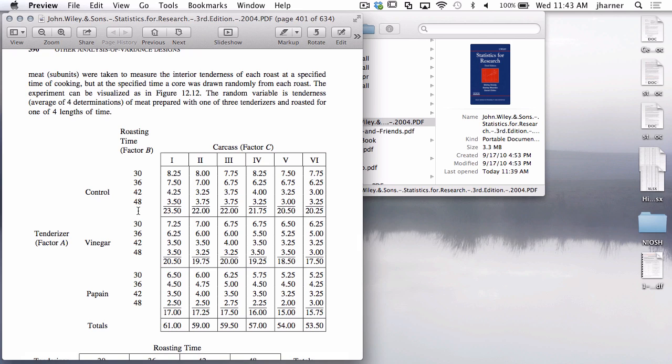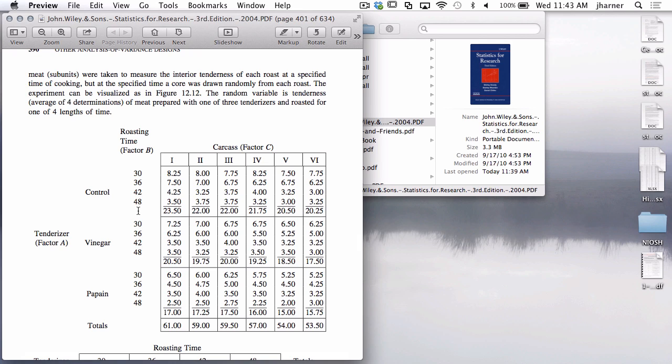So that's the data. So you could just say, well, isn't this kind of like a 3-way factorial? I have carcass, I have tenderizer, and I have time. Well, it's a question of how you randomize the experimental units.